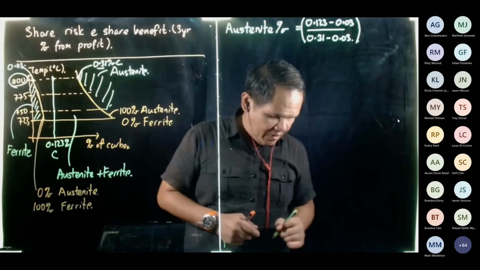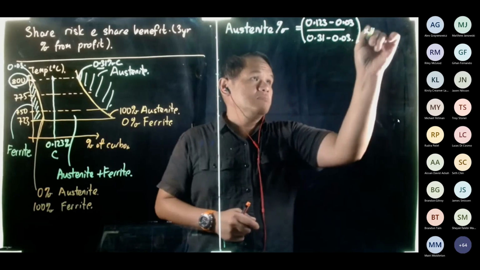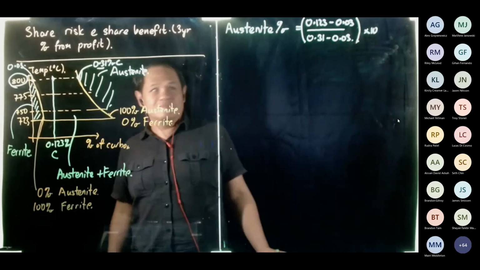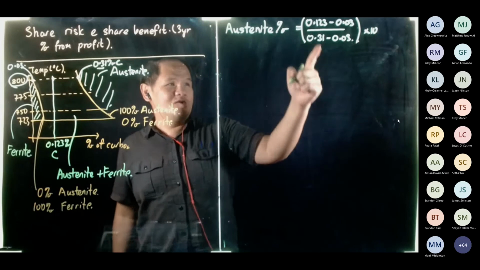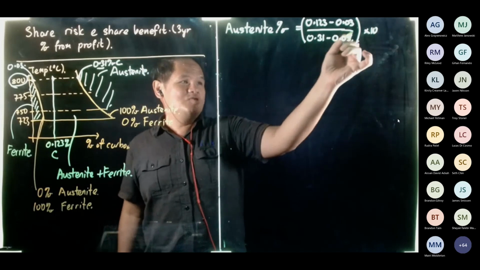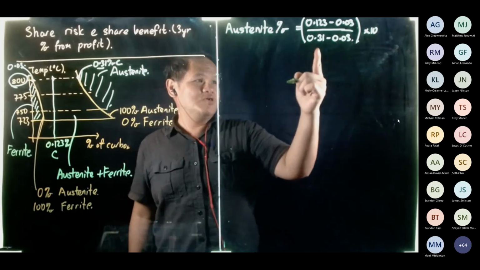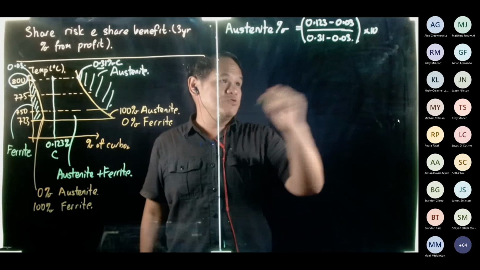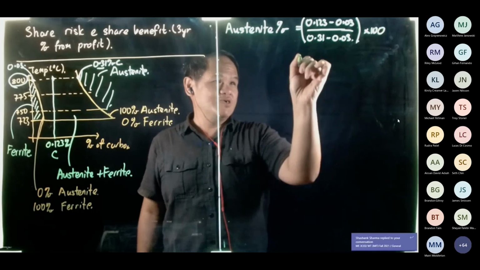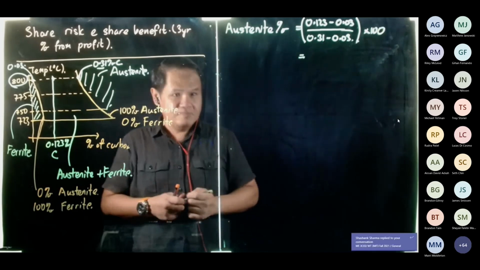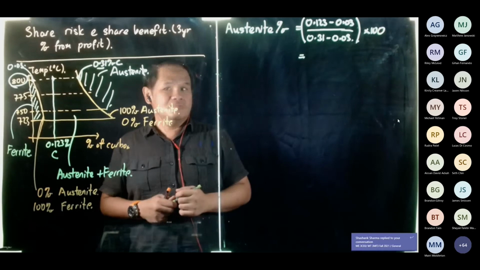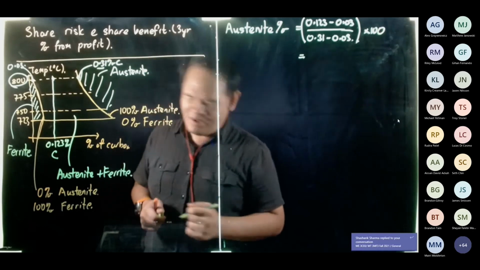Then you multiply by 100. In the numerator: 0.123 minus 0.03, divided by 0.31 minus 0.03. Does that make sense? Why those numbers? What are those numbers?